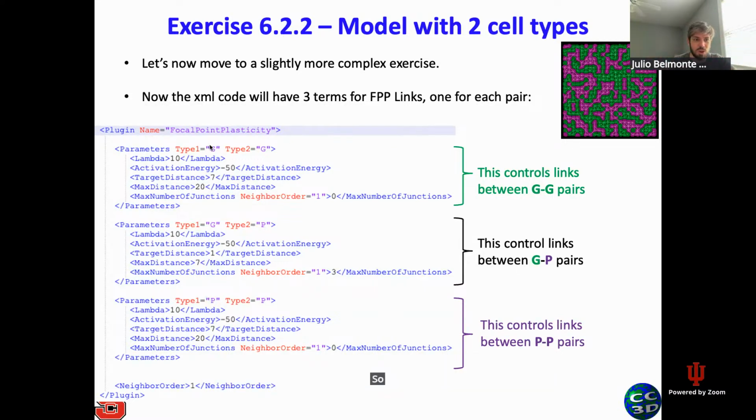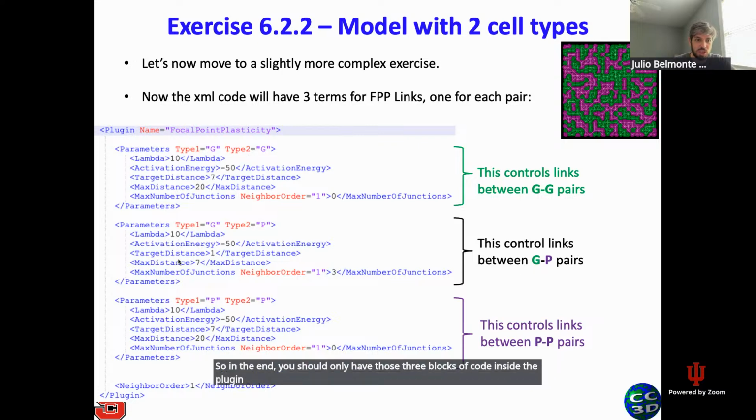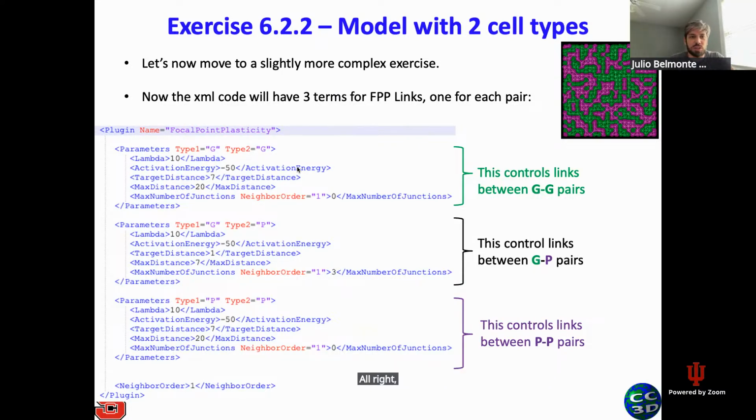In the end, you should only have those 3 blocks of code inside the plugin, for GG, GP, and PP. You should see only these three tags, and they should be parameters, not internal parameters.